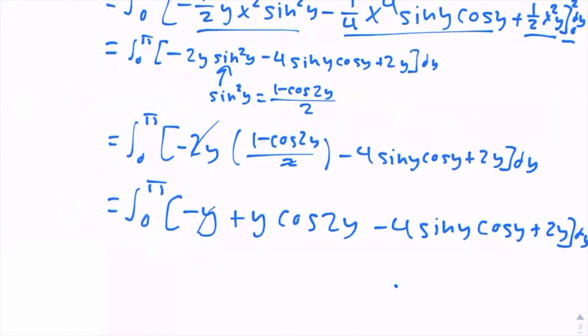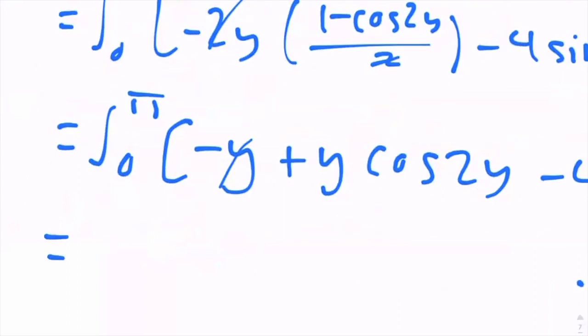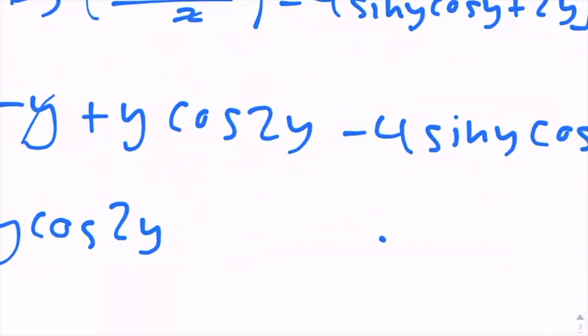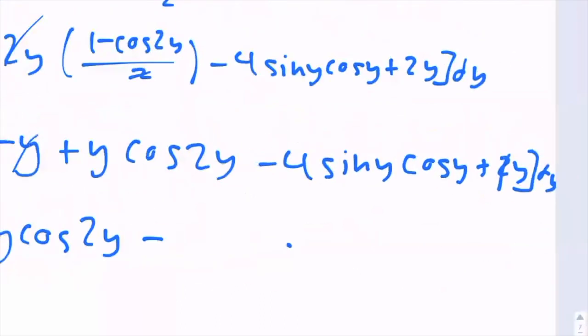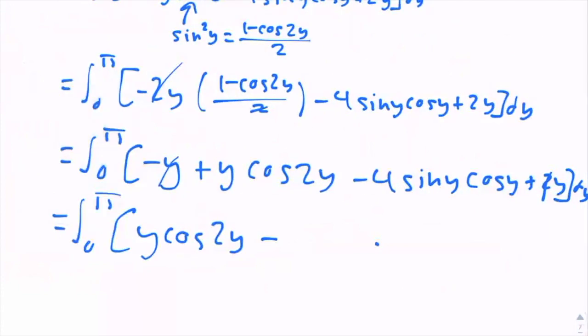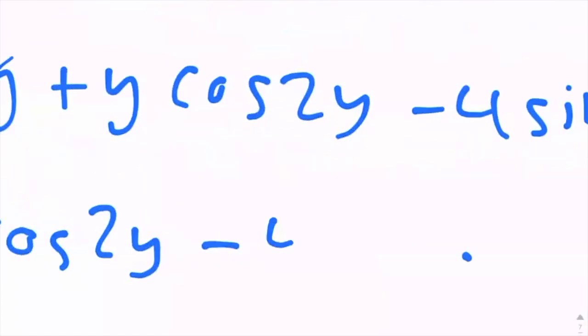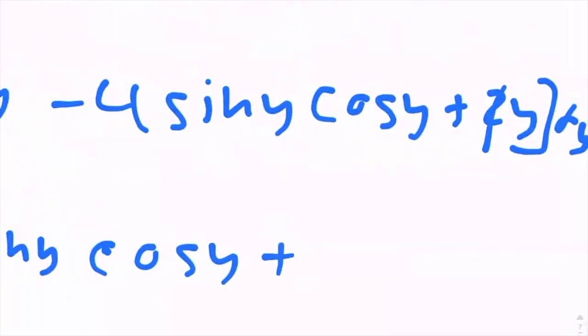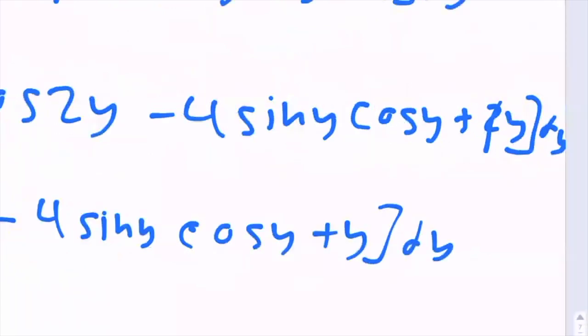We can combine these terms, and when we do that, we get the integral from 0 to pi of y cosine 2y minus 4 sine y cosine y plus y dy.